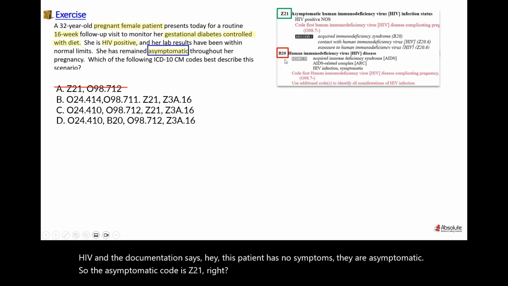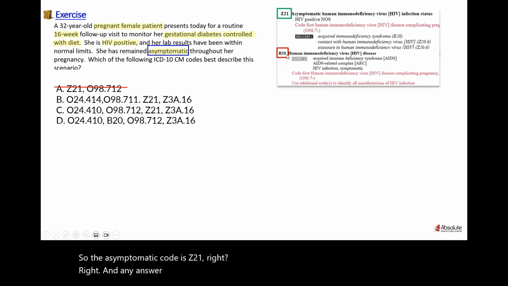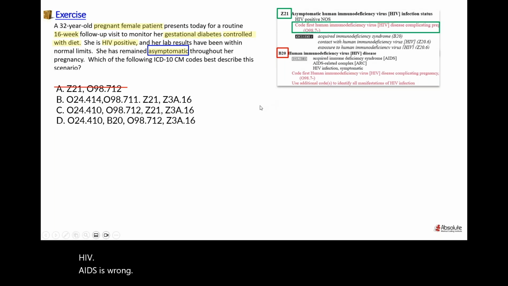And any answer that has B20, HIV, AIDS, in it is wrong. So we can eliminate something else. Someone said D. All right, so let's go ahead and get rid of D.